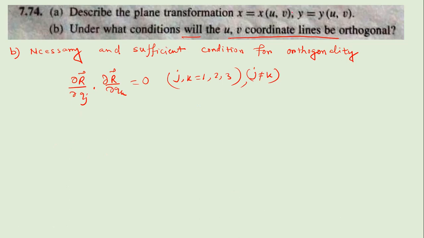Since there are two dimensions x and y, we can take r vector equals i cap x plus j cap y. The coordinates are u and v, so del r by del u dot del r by del v must be 0.